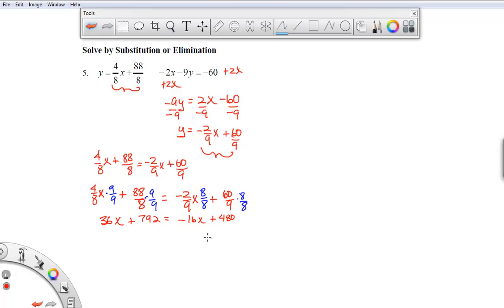So there we go. Now we've got an equation that just has the x variable in it. So now I can solve this. So I'm going to change this to blue. I'm going to add 16x to each side. So that becomes 52x. Some of you didn't do this math right here and you got 20x. Now I want to subtract 792 from each side.